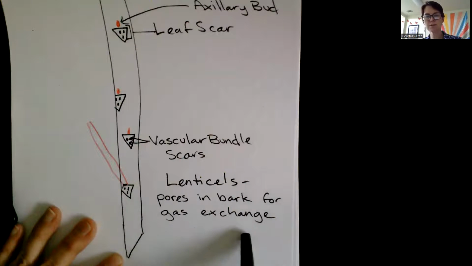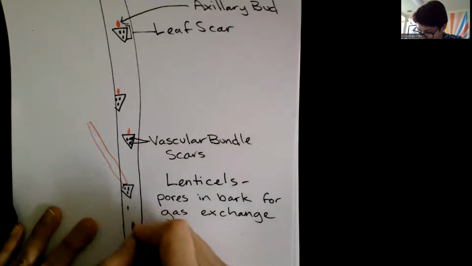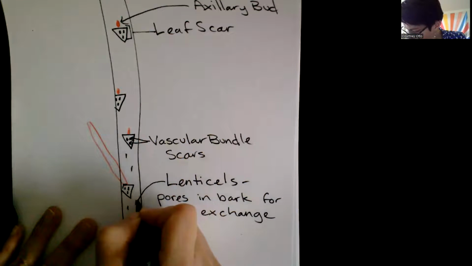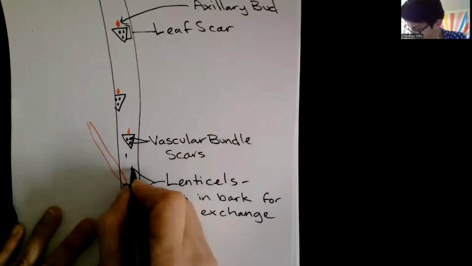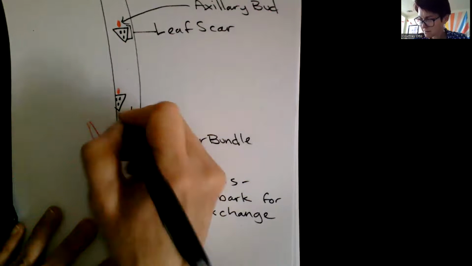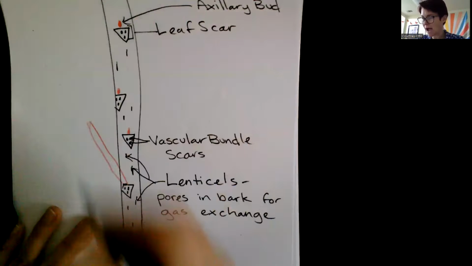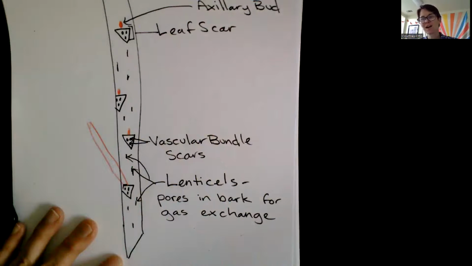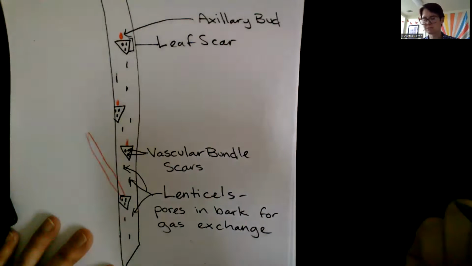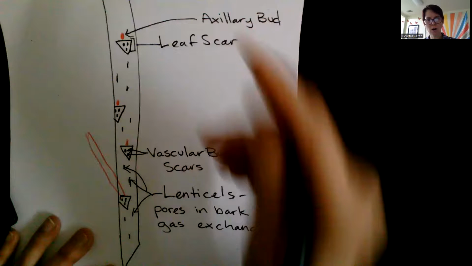Right, so lenticels are going to be pores in the bark for gas exchange. We can see them along our woody stem. Their shape is going to vary. Sometimes they look like little lines or eyes along a woody stem. I'm sure you've seen them before. Maybe you didn't know what they were, but those are just going to be pores in the bark for gas exchange. So that's something we can see along our woody stem.